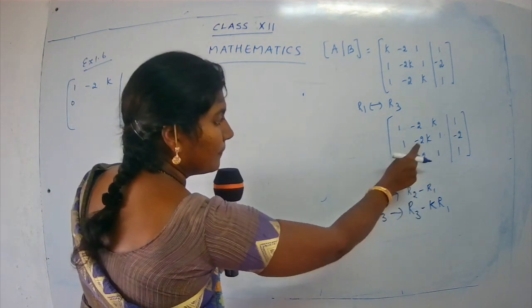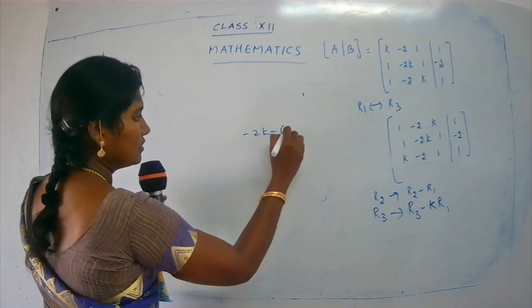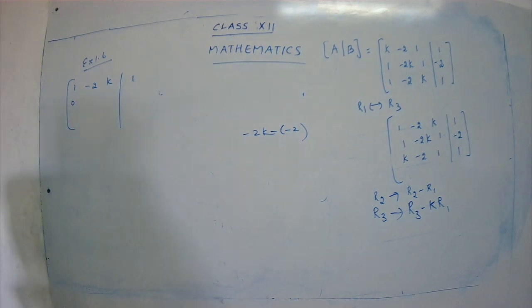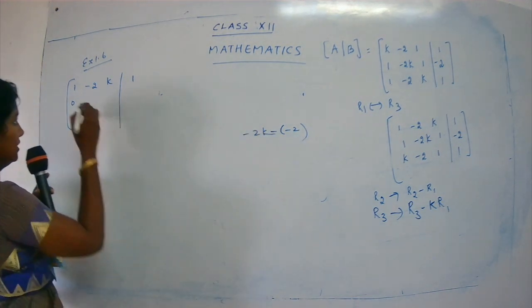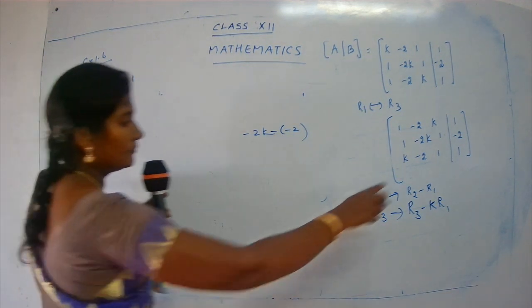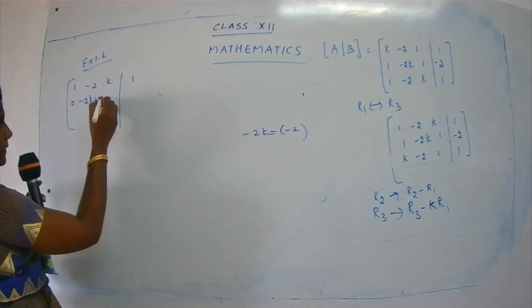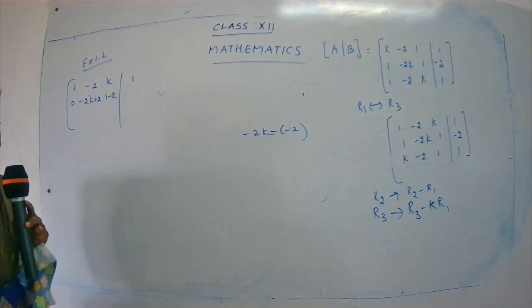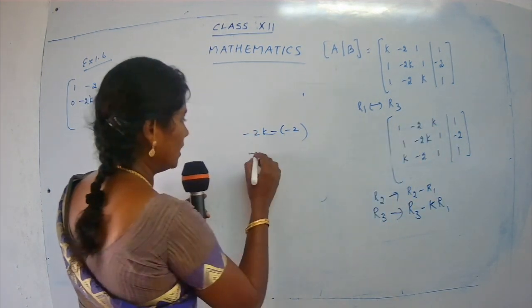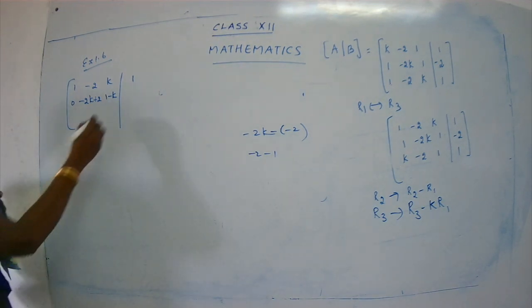R2 minus R1, minus 2k minus of minus 2, so you get minus 2k plus 2. Next, R2 minus R1, so 1 minus k. Then R2 minus R1, minus 2 minus 1, minus 3.